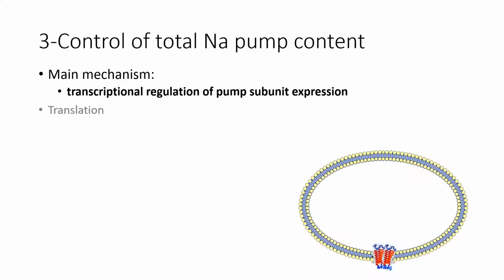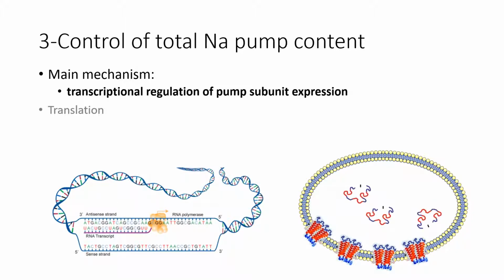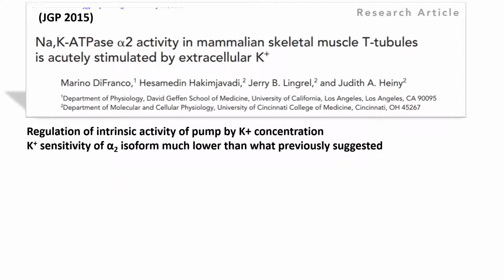And the main mechanism to control total pump content in skeletal muscle is transcriptional regulation of pump subunit expression, and to a lesser extent regulation of translation, protein stability, and epigenetic mechanisms.